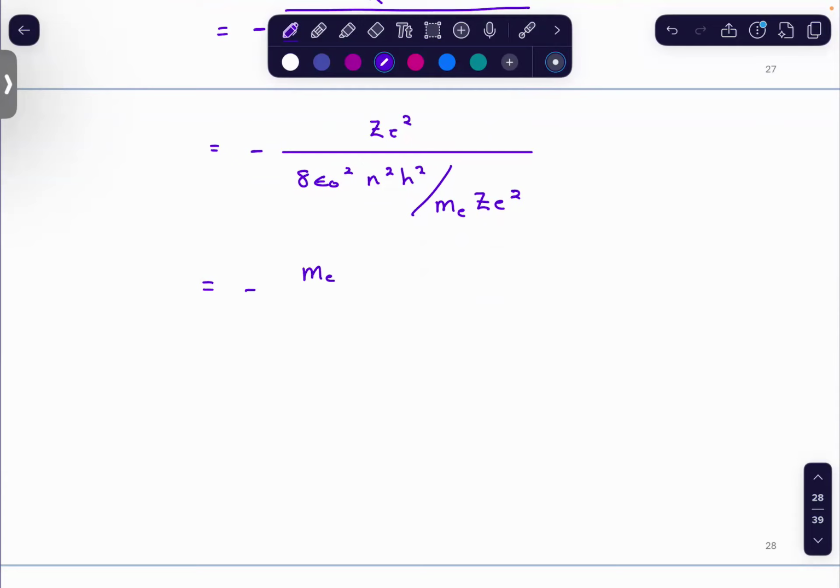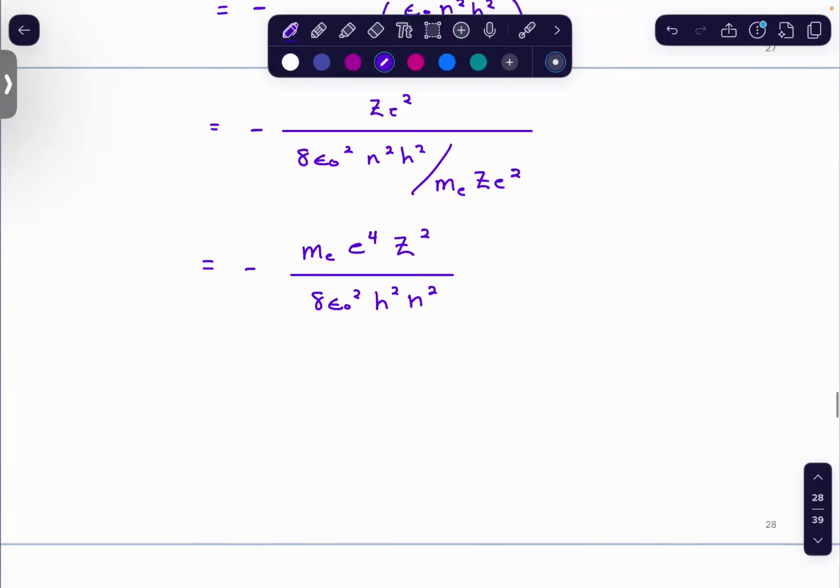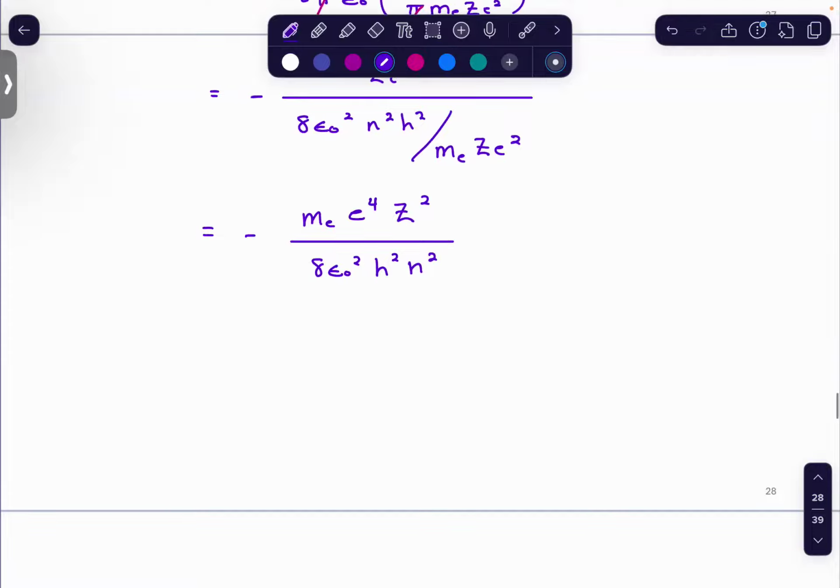Now we're going to get e squared times e squared is e to the fourth z squared over 8 epsilon 0 squared h squared n squared. And now you remember from our first equation for Bohr, we had a number times z squared over n squared.